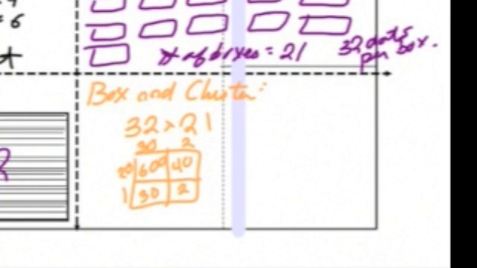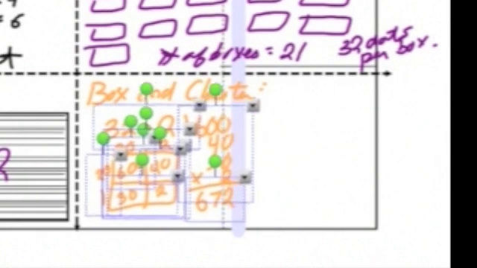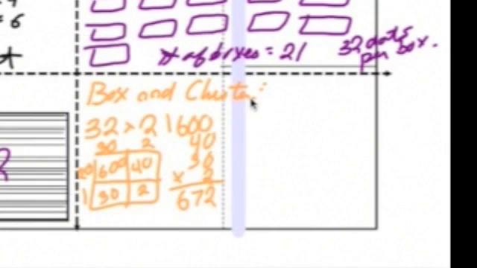Now I'm going to take everything from inside my box, 600, 40, 30, and 2, and add them all together. So 2, 7, 6. 672 is my solution, right? Which I know is correct. So that's great. My method has worked. This is actually the box method.